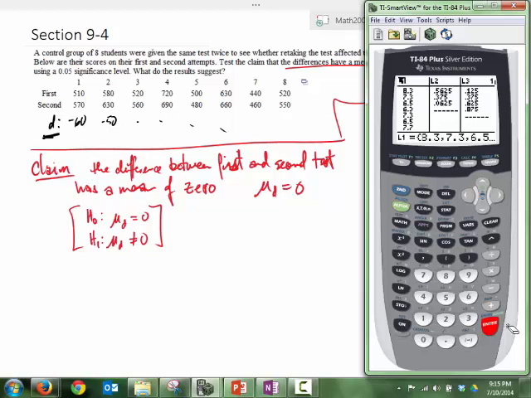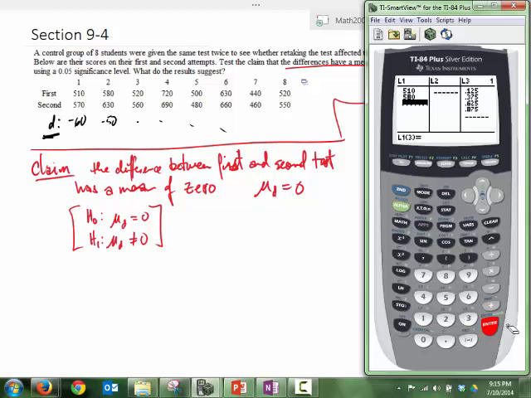I'm going to clear out my L1 list, and I'm actually going to clear out my L2 list as well. I could clear out my L3 list, but I'm not. I'm just going to overwrite it. We'll deal with that later. So L1 will be the first numbers, so that's 510 and 580. So it's a little tricky.